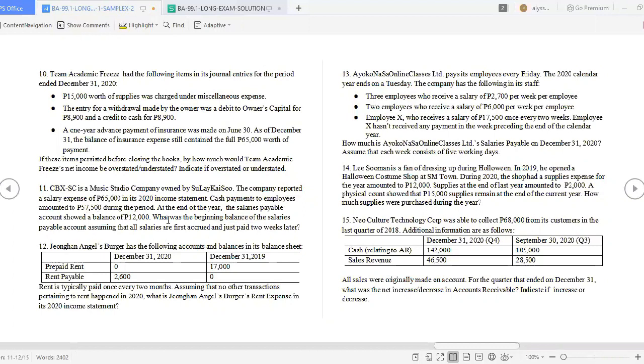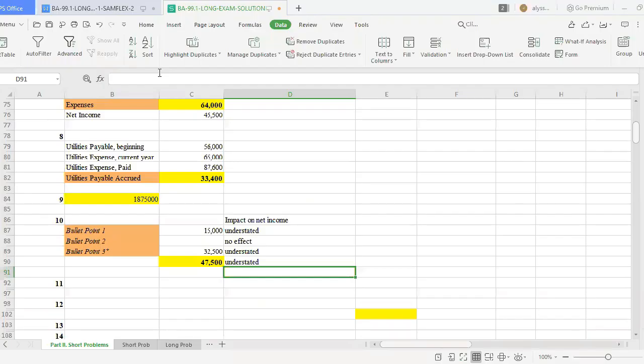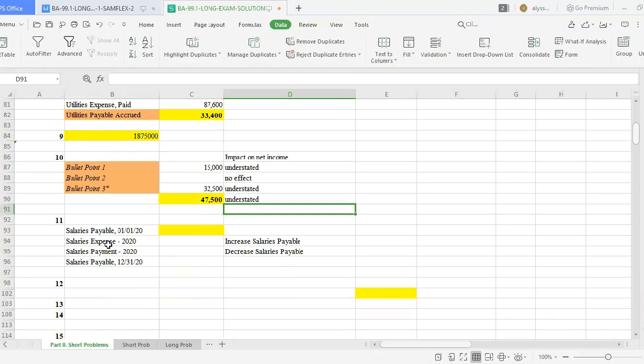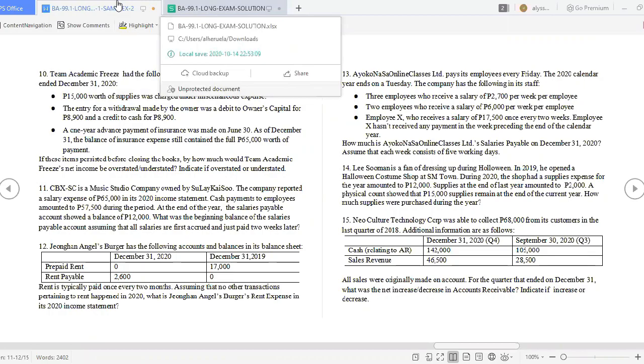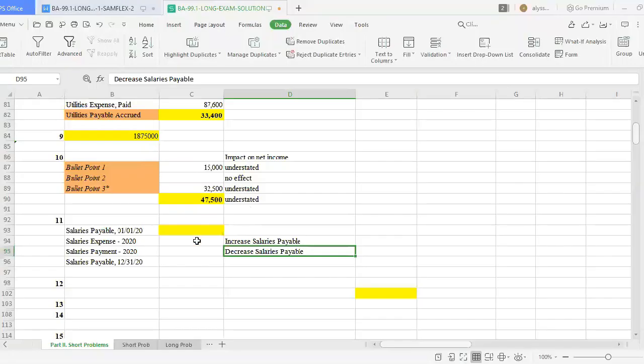So let's plot the given. Number 11. So to get the salaries payable beginning, we plot here all the items that would affect the salaries payable. So salaries expense would increase salaries payable. Salaries payment would decrease salaries payable. So ending is 12,000.